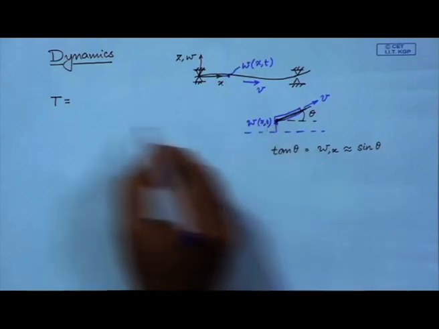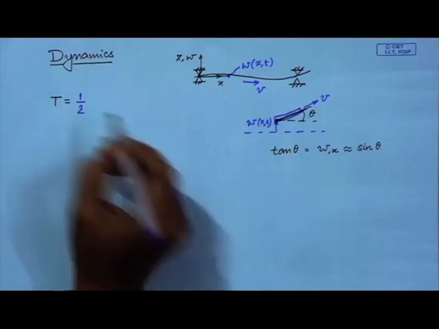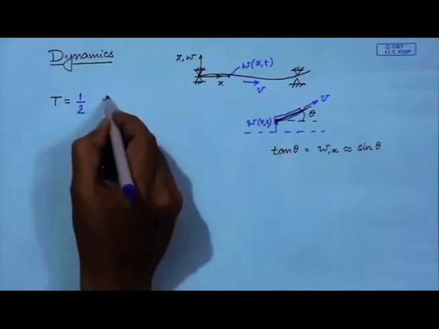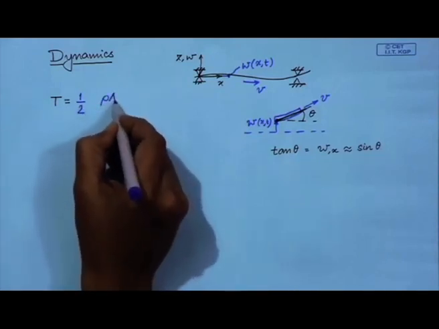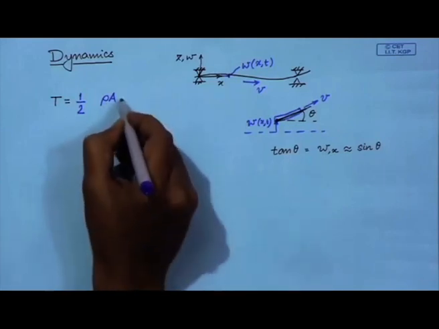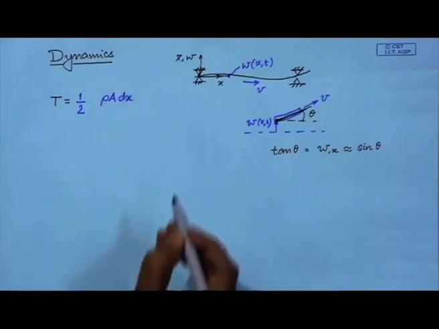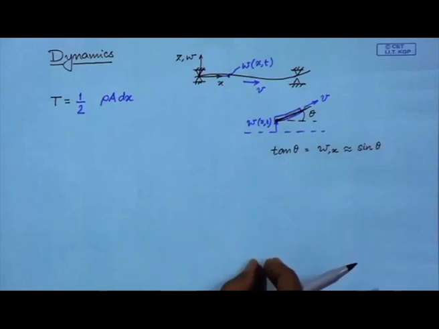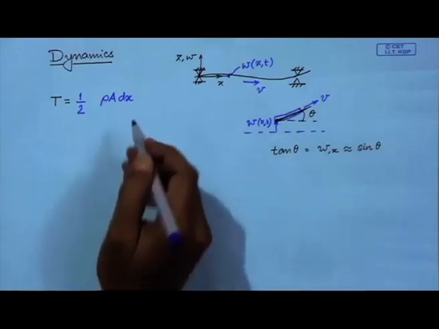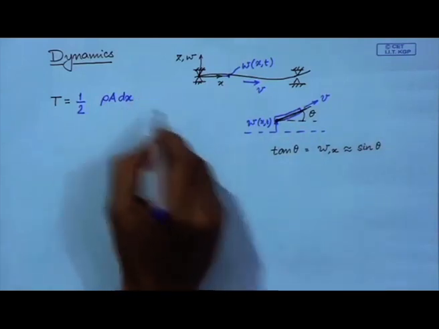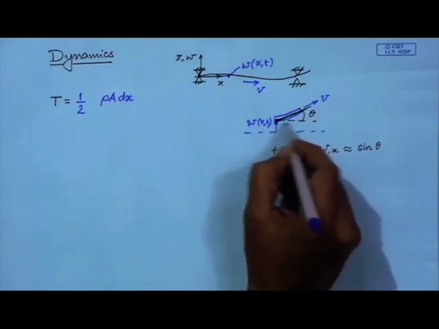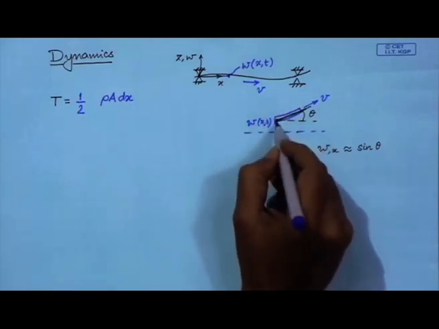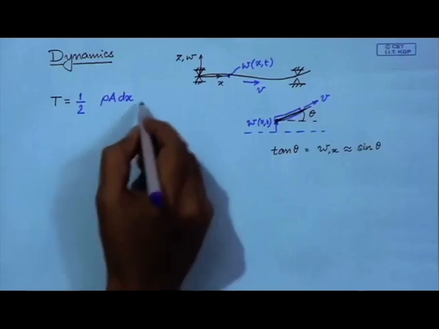Now, I can write this kinetic energy as half rho A dx, which is the total mass of this little element, times the velocity squared. It now has velocity not only in the transverse direction, but also in the horizontal direction.